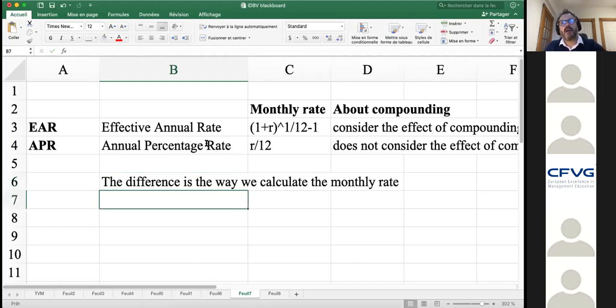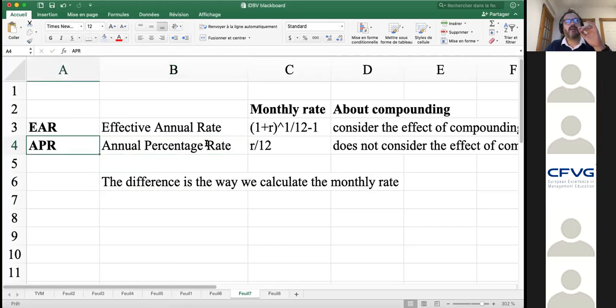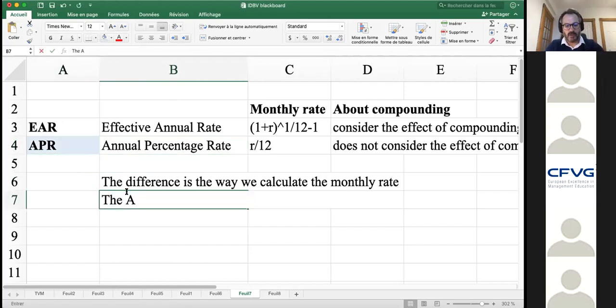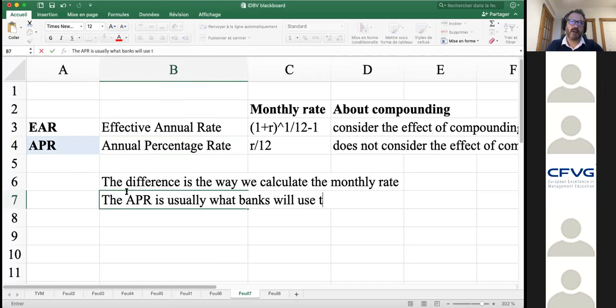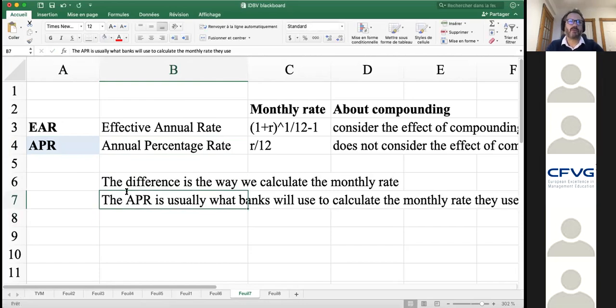Okay, and the problem, what is not intuitive, is that usually this rate, the APR, is what banks will use to calculate the monthly rate they use for loans.